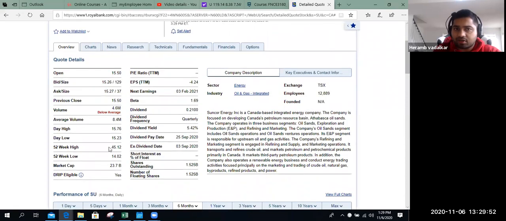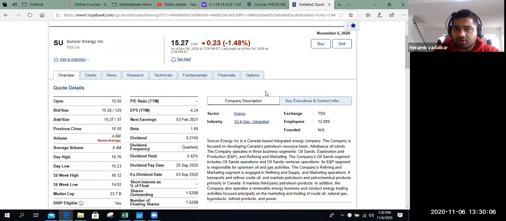The minimum it has traded, like 52-week low, was $14. So you think Suncor will fall, but it may not fall beyond 14. So what do you do? You buy a put option at the current strike price, and you sell a put option at $14. So you think it will fall, but it will not go beyond.